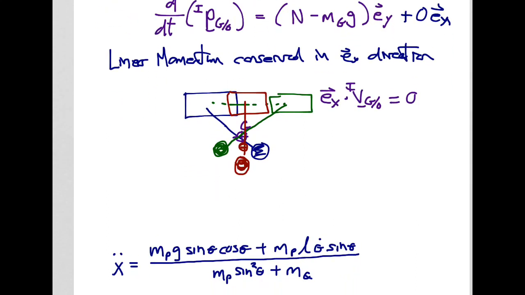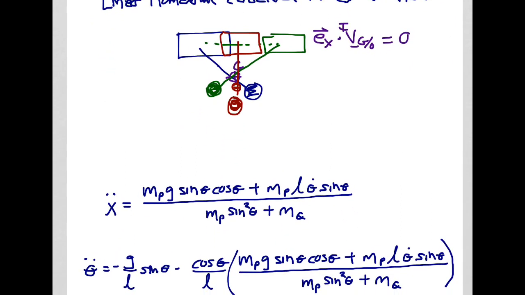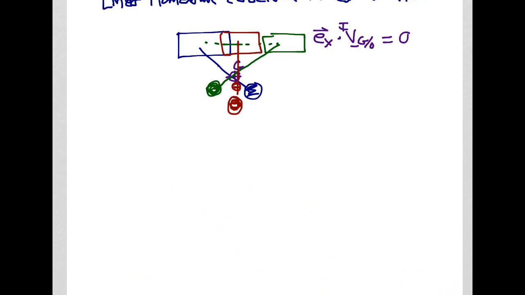So let's write the linear momentum about the center of gravity out and analyze that. We get this expression: the linear momentum of G with respect to O, as observed in the inertial reference frame, is equal to the total mass multiplied by (x dot in the EX direction plus L hat theta dot in the E theta direction).